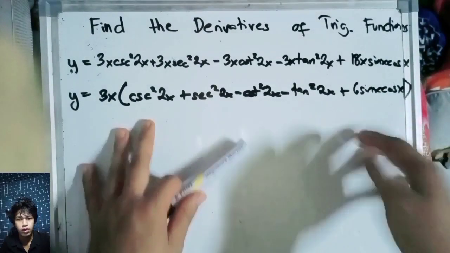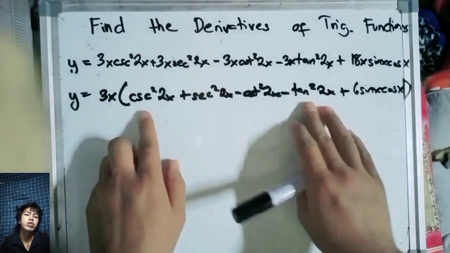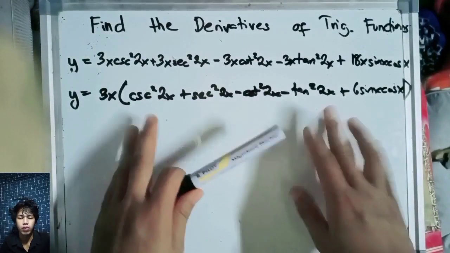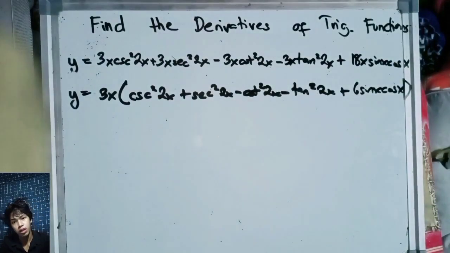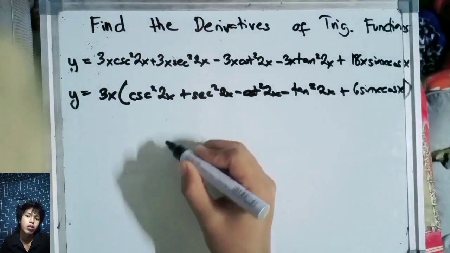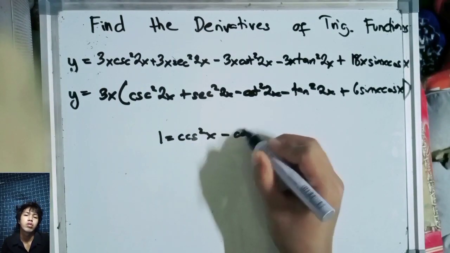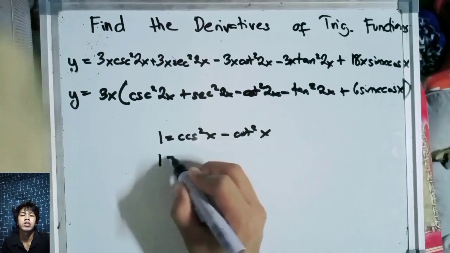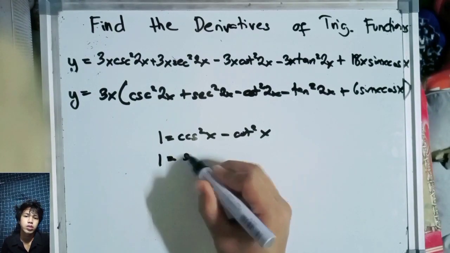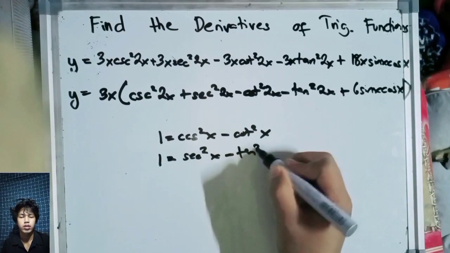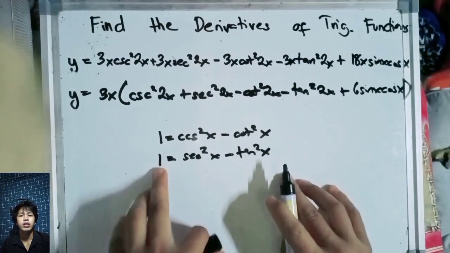Now we have a simplified form, but we can simplify it further because these four terms all have squares, and that reminds us of a trig identity, specifically the Pythagorean identities. In the Pythagorean identities, 1 equals cosecant squared x minus cotangent squared x, and also 1 equals secant squared x minus tan squared x.